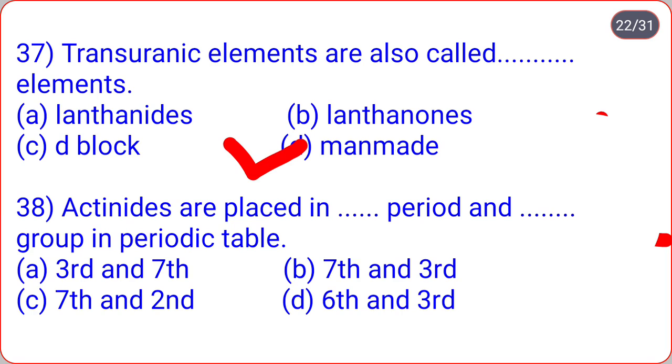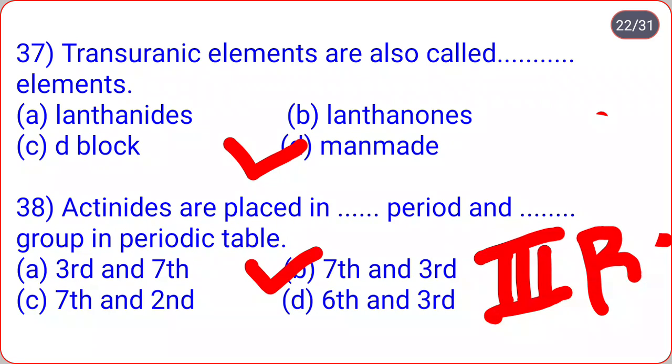So, in the starting of this video we saw that actinides are placed in which period? 7th period and 3rd group in the periodic table. You may also ask whether 3rd B or 3rd A. Remember that it is 3rd B. It is also written as 3B.